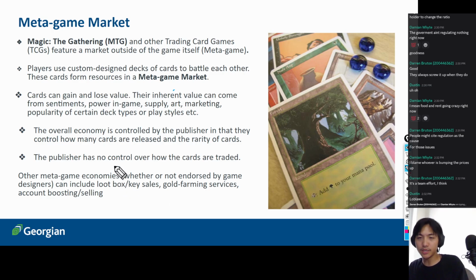But it is part of the value of the game. A lot of people enjoy playing the game for the trading aspect as well. A lot of people like the trading. A lot of people like speculating on the future value of a card or of a deck. Some people get pretty crazy with it.